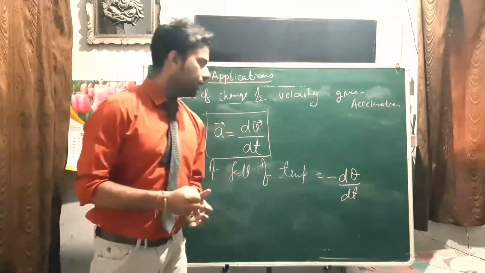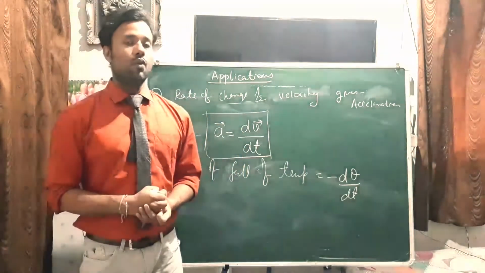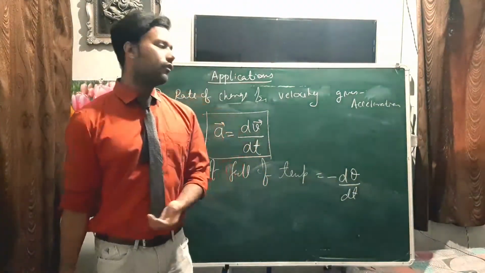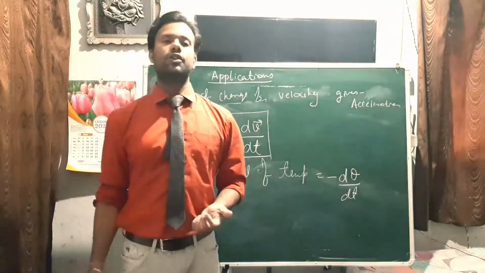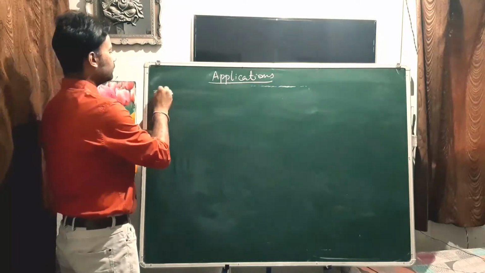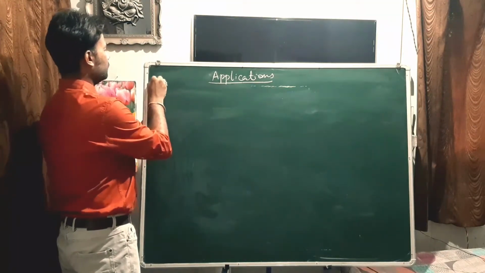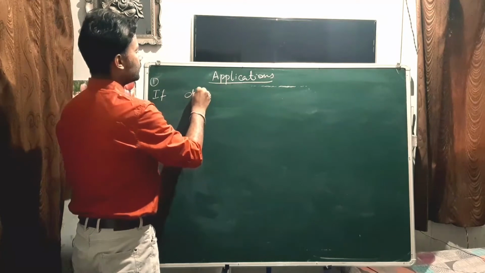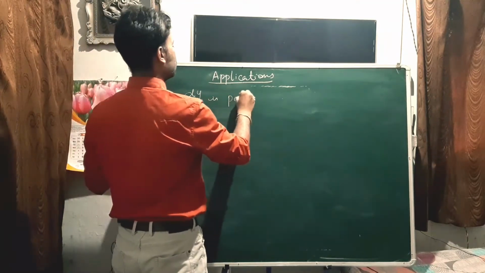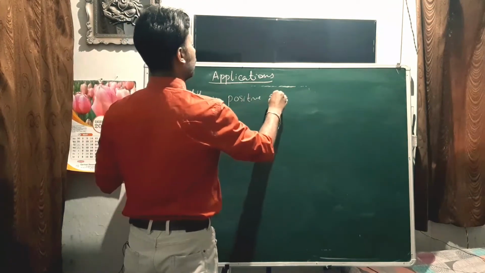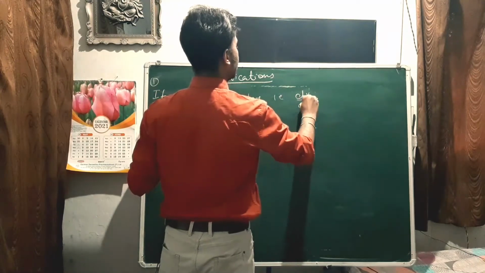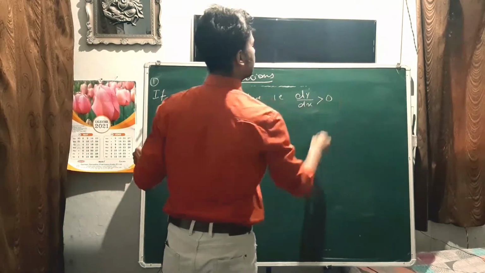I will give you an example to make you understand what happens if we have a negative differential coefficient and what happens with a positive differential coefficient. So let's talk about this. First point: dy by dx is positive, that is, dy by dx is greater than 0.